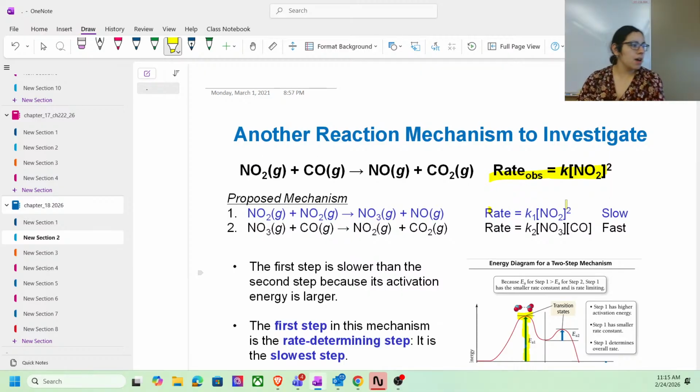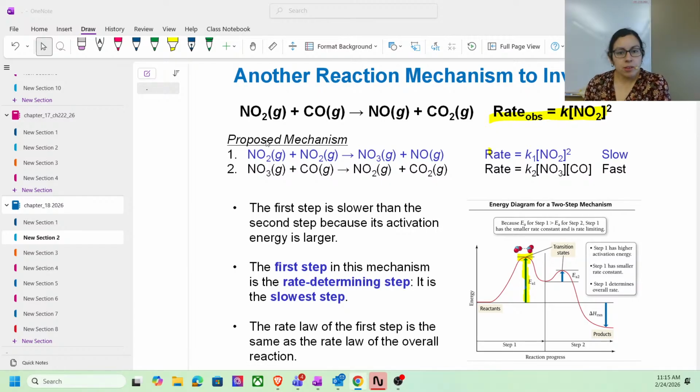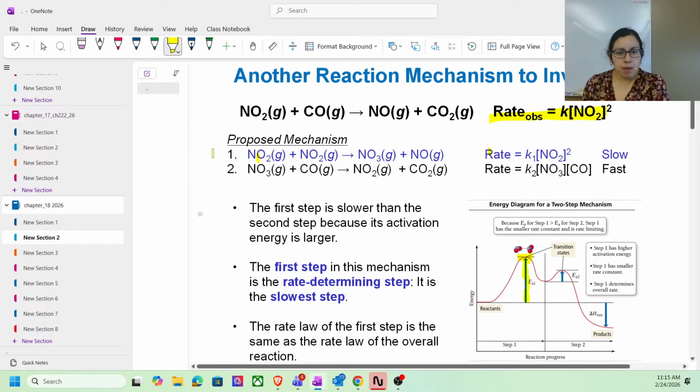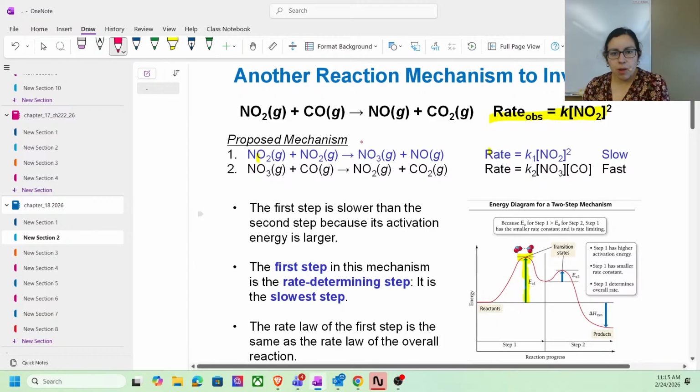And then we have a proposed mechanism, based upon our observed rate law. This is what they propose. They said, maybe NO2 has to react with NO2, and they're proposing that it makes our intermediate here.